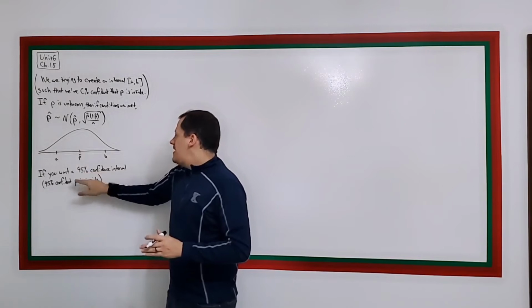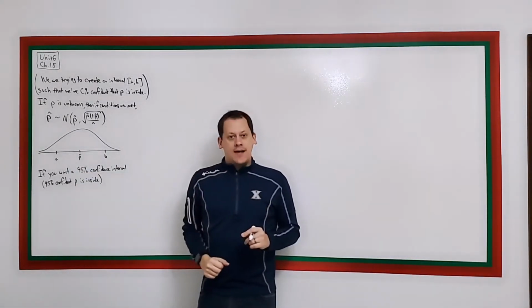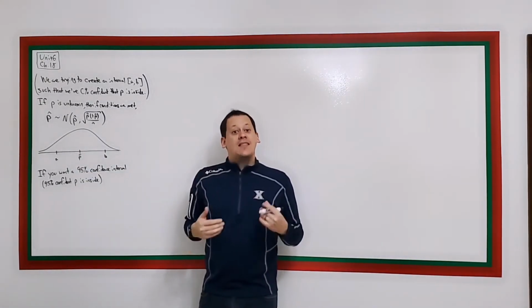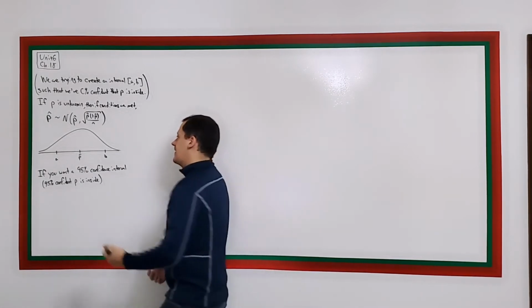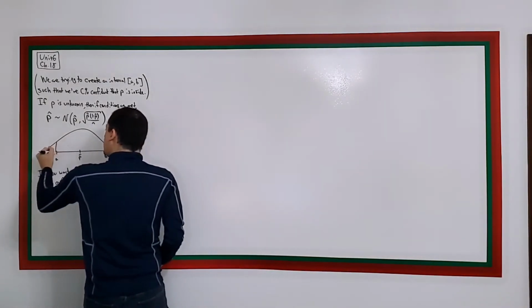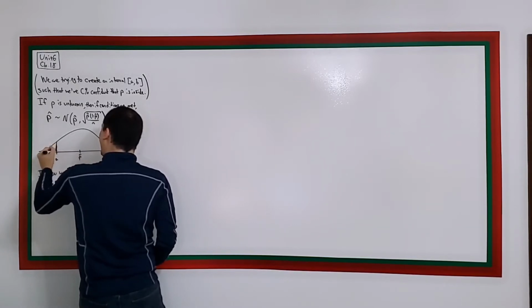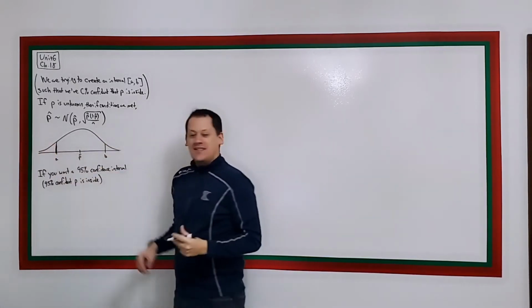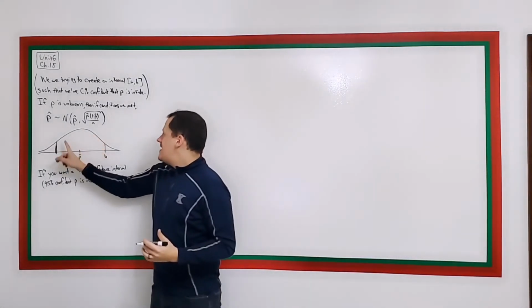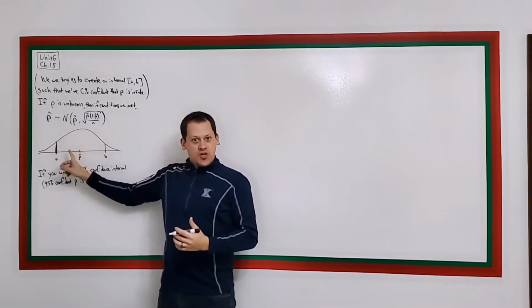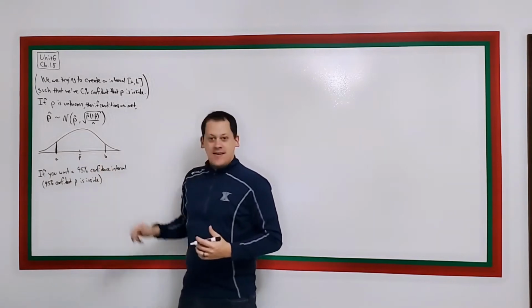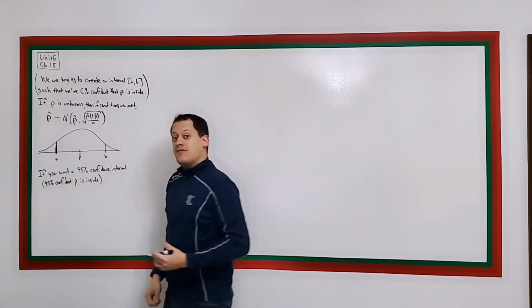If we want to be 95% confident that P is inside that interval, that is equivalent to saying I want A and B to be the numbers such that the area under the sampling distribution curve in between A and B is 95%.